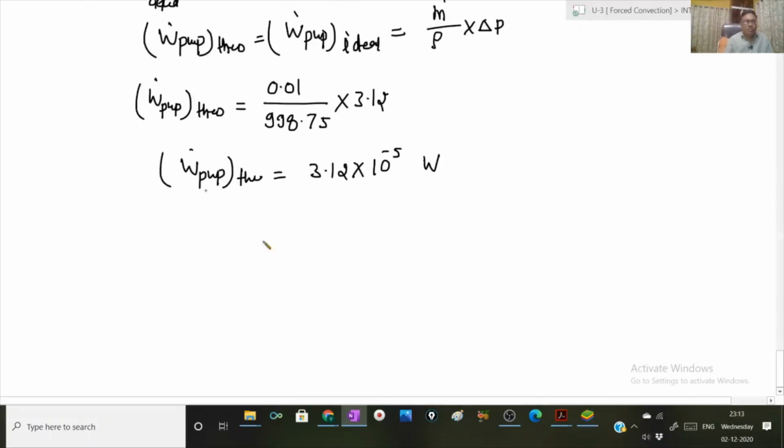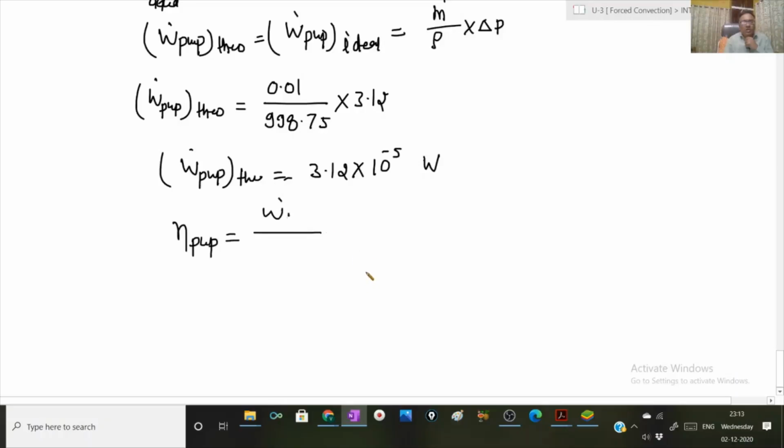But I am supposed to calculate the actual pump work. Efficiency is always taken from a low value to a high value. So when the pump is operating ideally without friction, the theoretical pump work required will always be lesser.